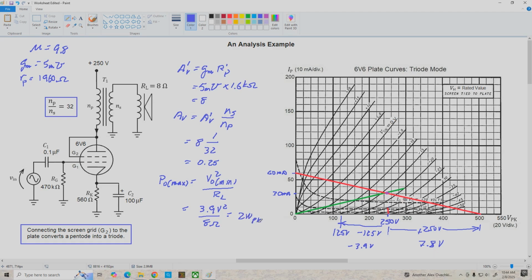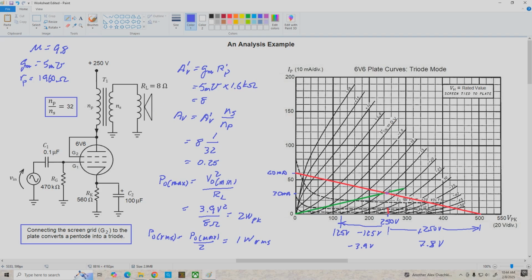We want the RMS value, so P out RMS is equal to PO max divided by 2 for a sine wave. So 2 watts divided by 2 is 1 watt RMS. And there's our maximum unclipped output power, 1 watt RMS to the load.